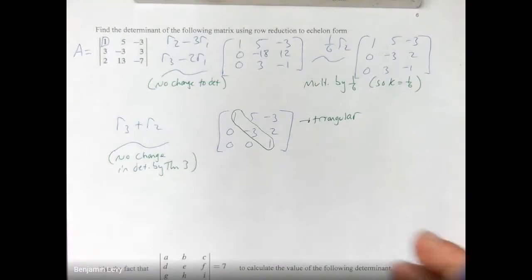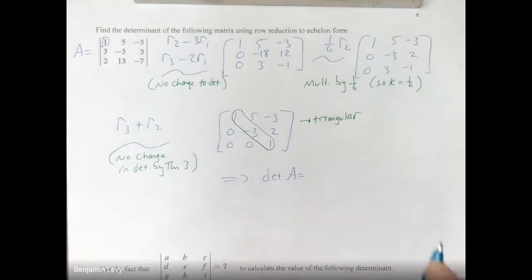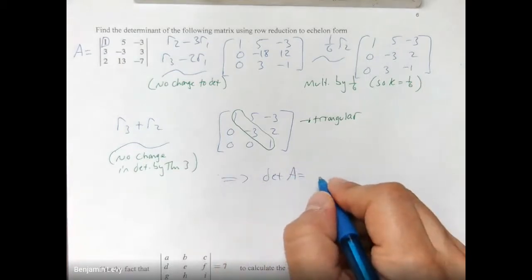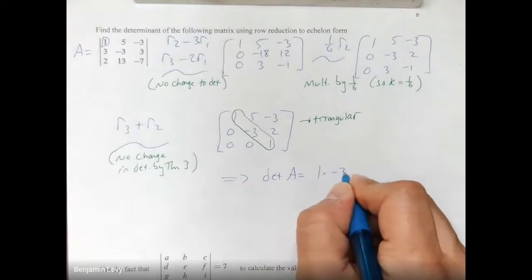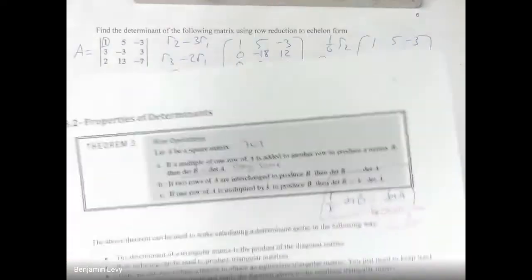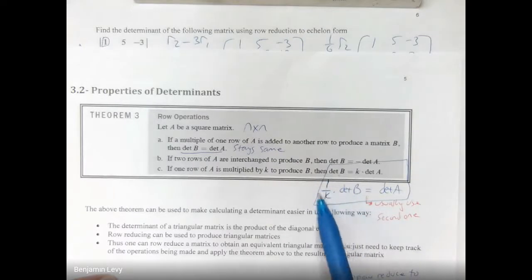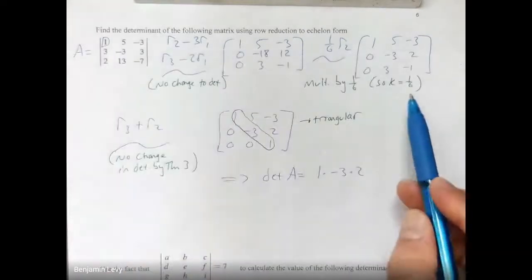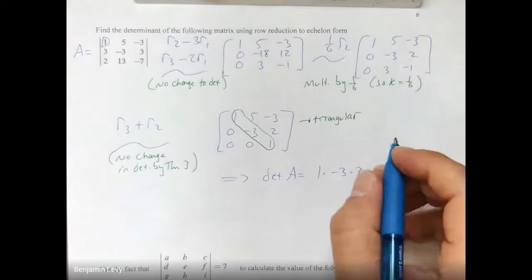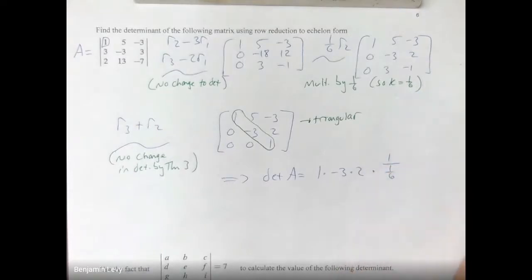And so the determinant of our original matrix is going to be the product of the diagonal, so 1 times -3 times 2. But then I need to apply the theorem. And so the determinant of the old one is 1 over k times the determinant of the new one. And so I need to do the 1 over k part, and k is 1/6. So I'm going to multiply this by 1 over 1/6.